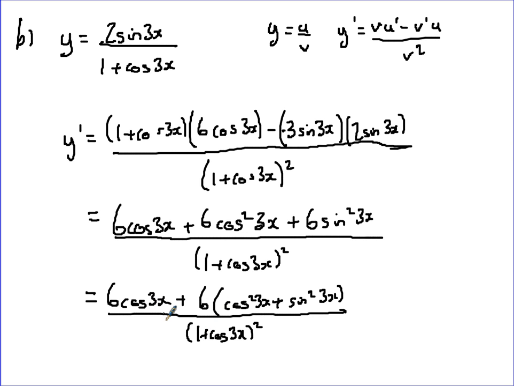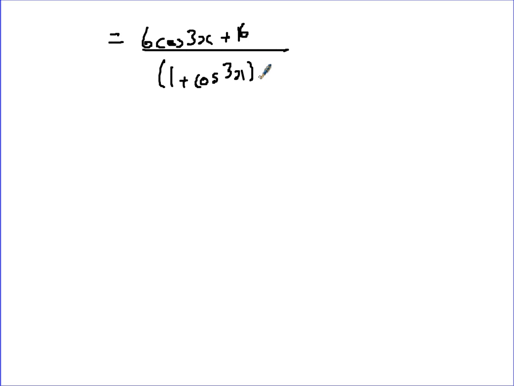So at this point, we've just set this equal to 1, so I'm just going to write that out again on the next slide, but put in 1 instead of the whole lot. So that leaves us with 6 cos 3x plus 6, and then that's all divided by 1 plus cos 3x squared.